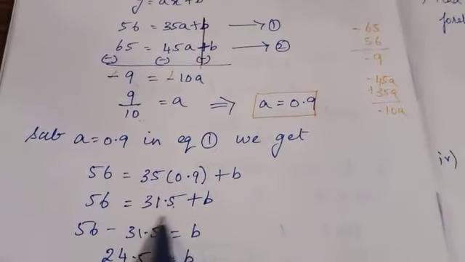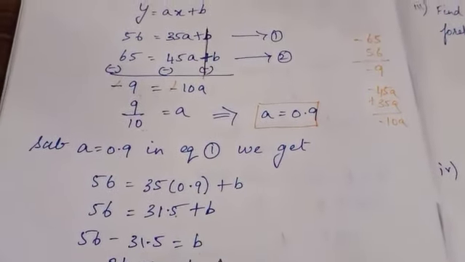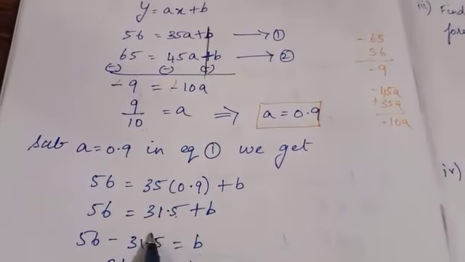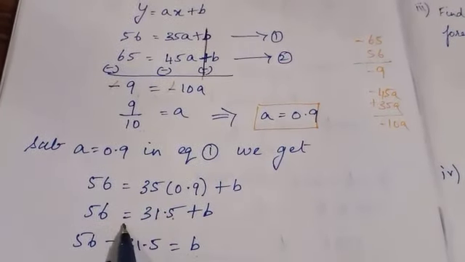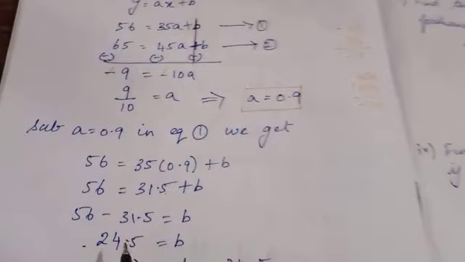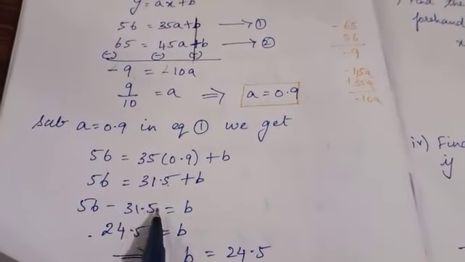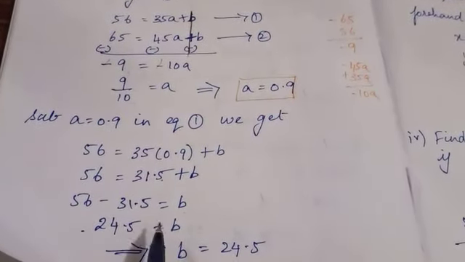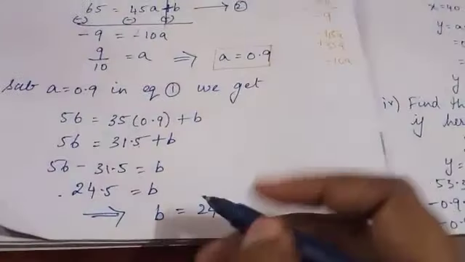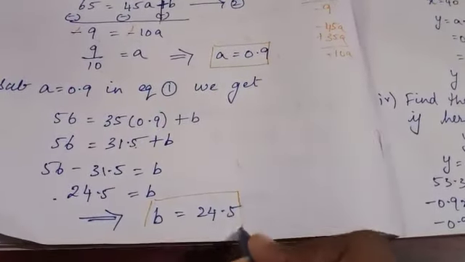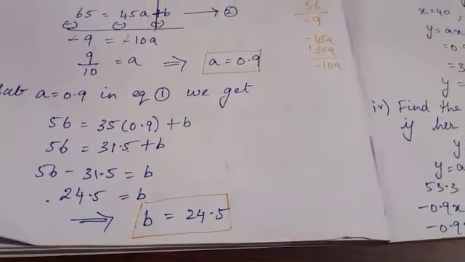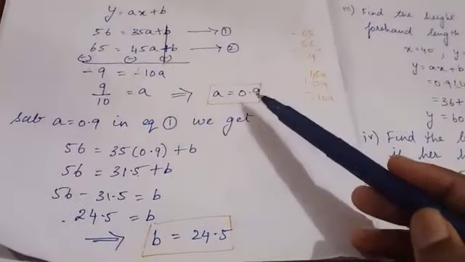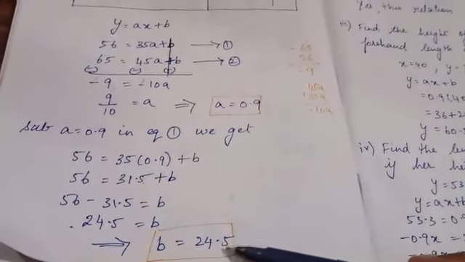In the next step we are going to find b. I am bringing this 31.5 to the other side: 56 minus 31.5 is 24.5, which is equal to b. So our value of b is 24.5. Now we have found our a value and b value.